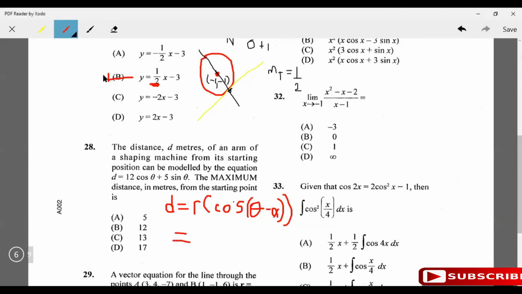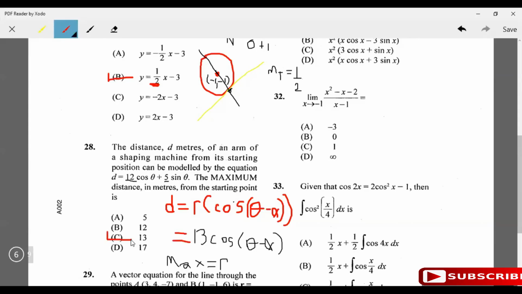So we get 12 squared plus 5 squared, square rooted, and that's 13. So this is equal to 13 cosine theta minus alpha. And so the maximum value is going to be R. Remember, the maximum is R, which is 13.